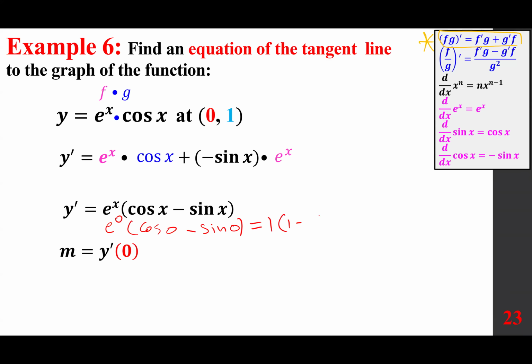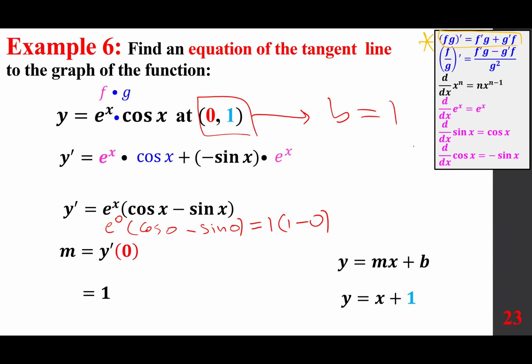That gives you 1 times 1 minus 0, which is simply 1. And this is the slope, with b being 1. So y equals mx plus b becomes y equals 1 times x plus 1. And we are done.